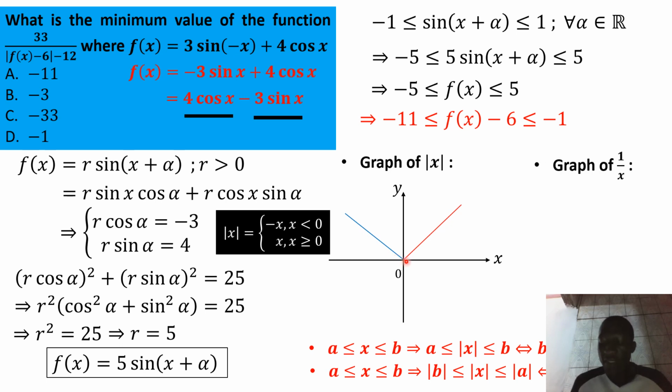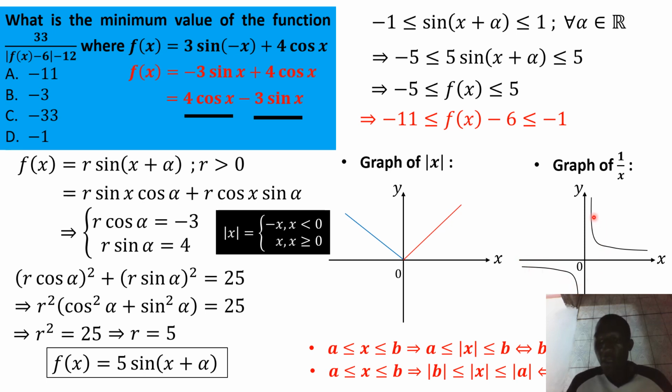Let us take another example of a function which is decreasing always, 1 over x. This is a graph of 1 over x. We have 1 over x is always decreasing. That is why you see that as x is increasing, when x is positive, 1 over x is decreasing. Even in this portion, as x is increasing, 1 over x is decreasing.